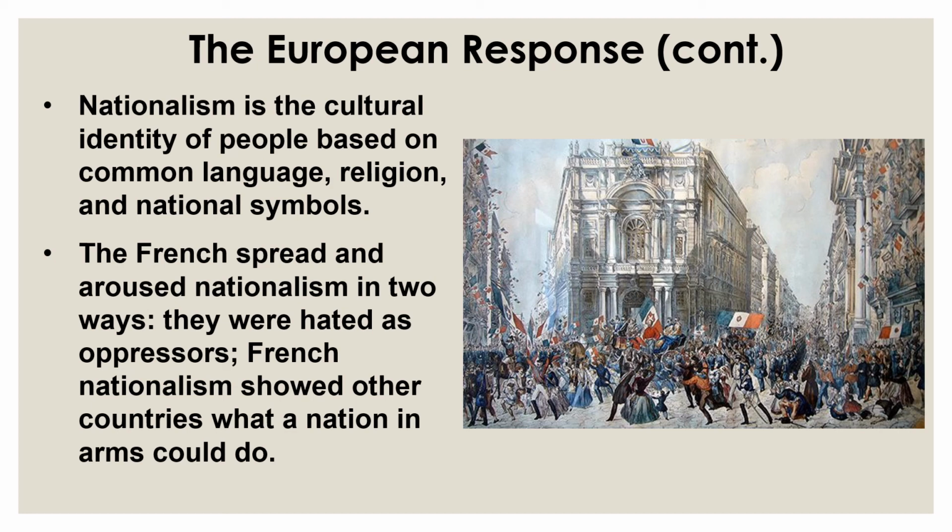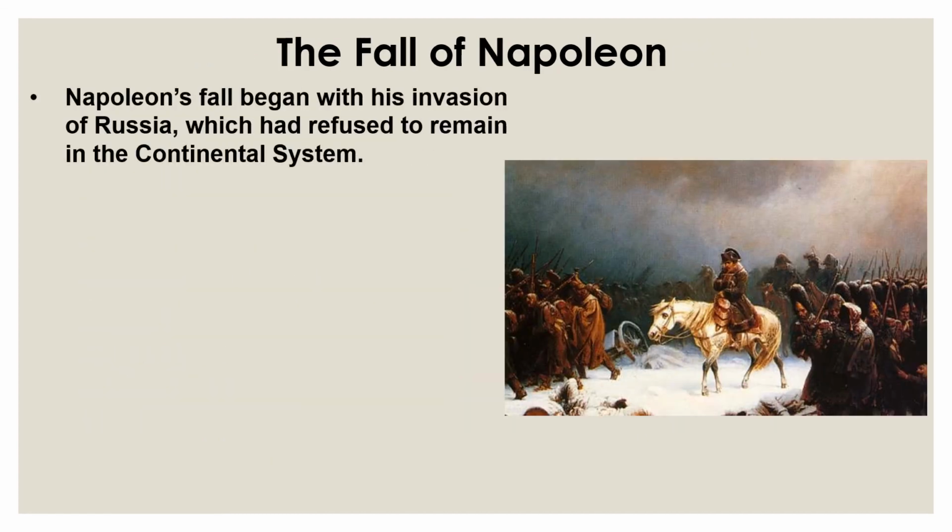But French nationalism showed other countries what a nation in arms could also do. So they were hated as oppressors, but they were also admired to see, hey, what was possible. So other nations thought, we could do the same for ourselves without having France rule over us. So it inspired nationalism in two ways.